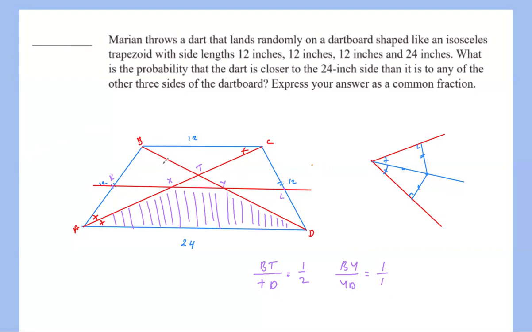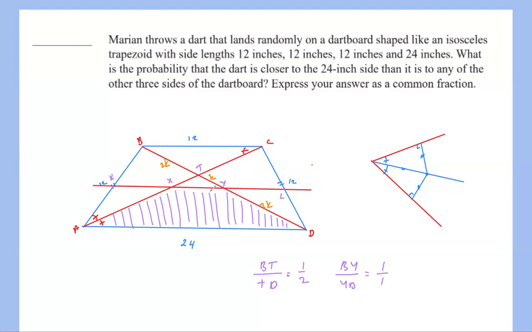So if I say BT is 2K, since we know the ratio of BT to TD is 1:2, TD has to be 4K, BD will be 6, so right in the middle is 3, so YD will be 3K, and then TY has to be 1K, to make that integer nicer. You can use the same reasoning: TC divided by TA is also 1/2, CX divided by XA is also 1/1, and you can just use the same ratio.